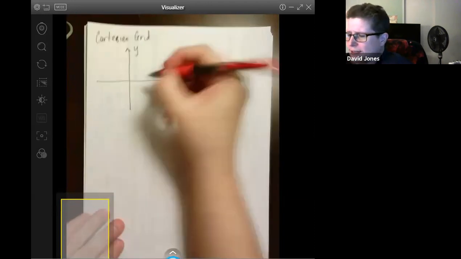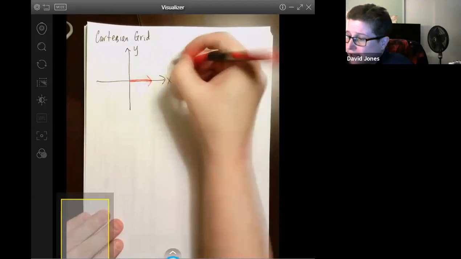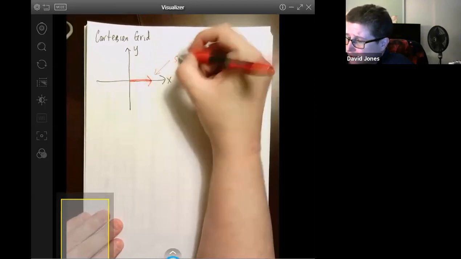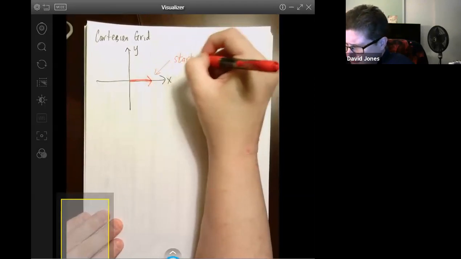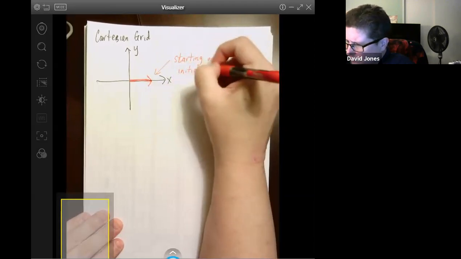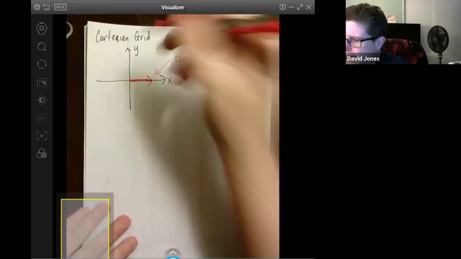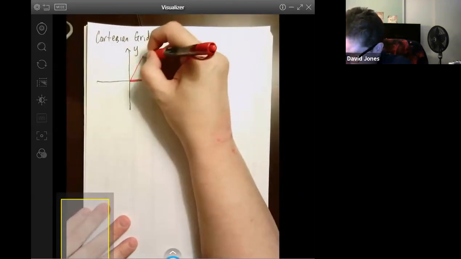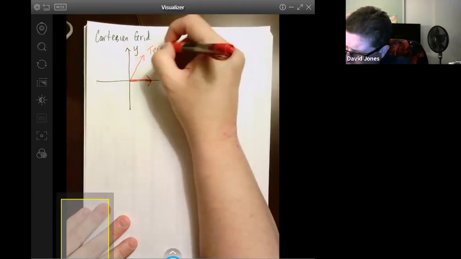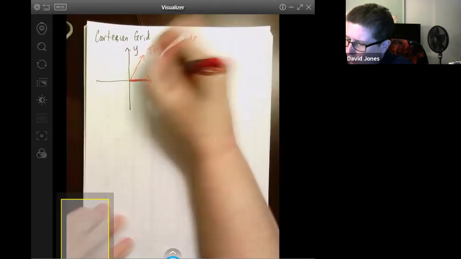If we put the starting angle or initial side here, and we rotate it, and this is our terminal or ending side, making an angle theta.